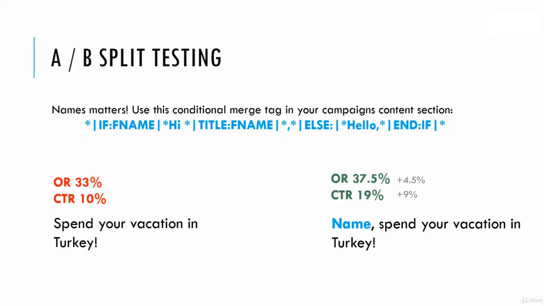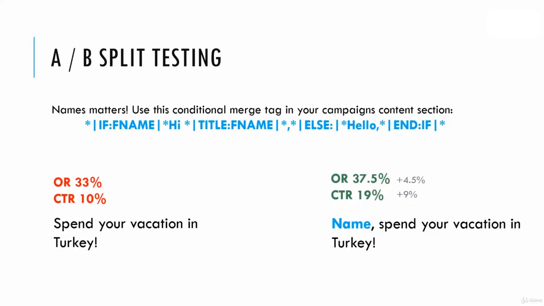So write this down to use in your own content. As you can see in this blue coding, if fname, so if the person has a first name in my email database, MailChimp will place it, then put hi, title first name, comma. If they don't have a first name in my database, it'll just say hello, comma.